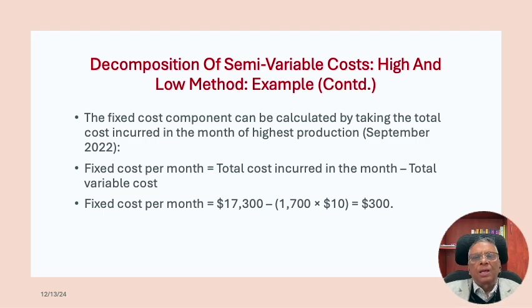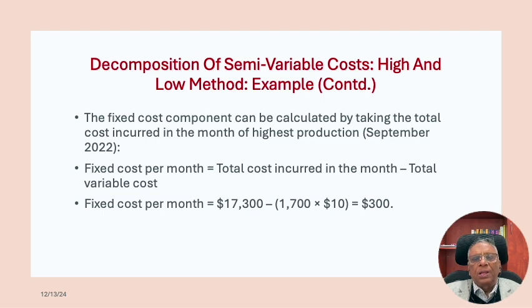From here we can calculate the fixed component of the semi-variable cost. As the name implies, fixed cost doesn't change with any activity level. Therefore, it should be the same at the highest level of activity and at the lowest level of activity.